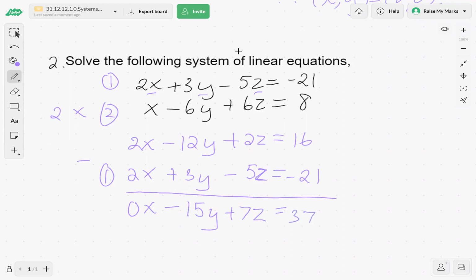It's not real pretty, but at this point we can solve for either y or z in terms of the other variable. So let's solve for y in terms of z. So y equals 37 minus 7z over negative 15.